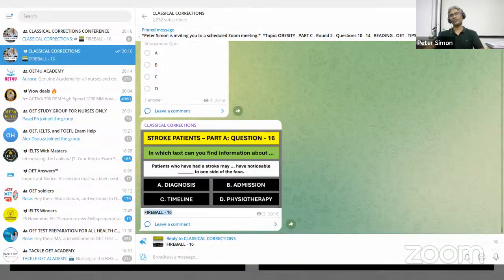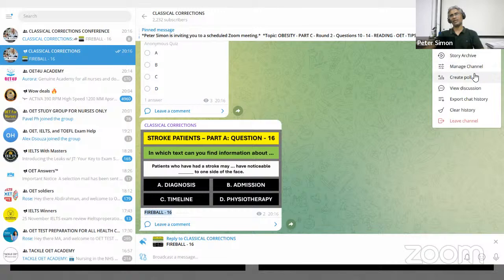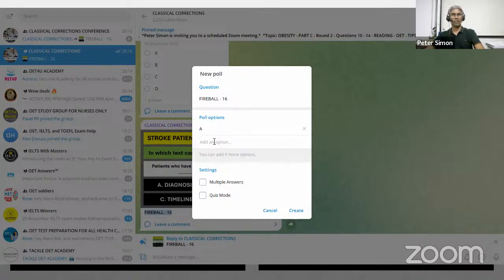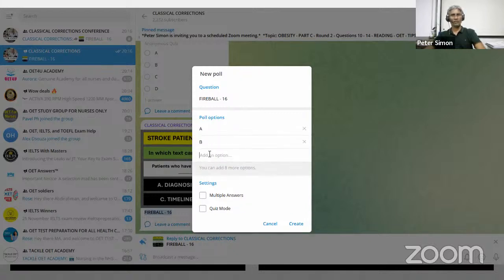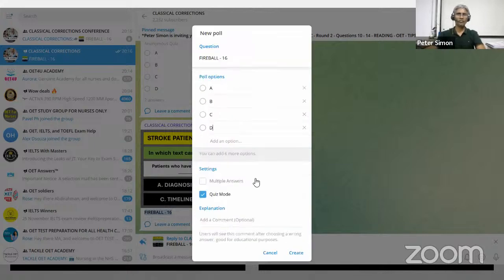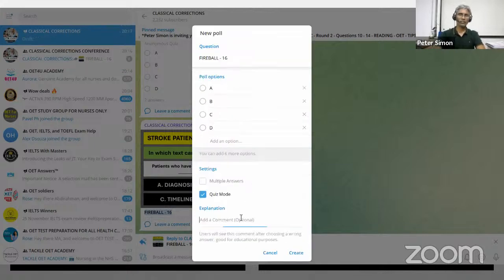So which text will you find this one? A, B, C, D. Now you will not make a mistake, no problem. Come on, type your letter, A, B, C, D.